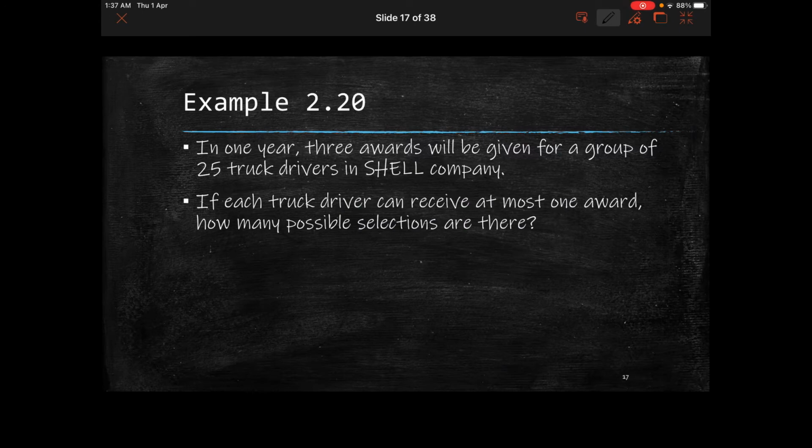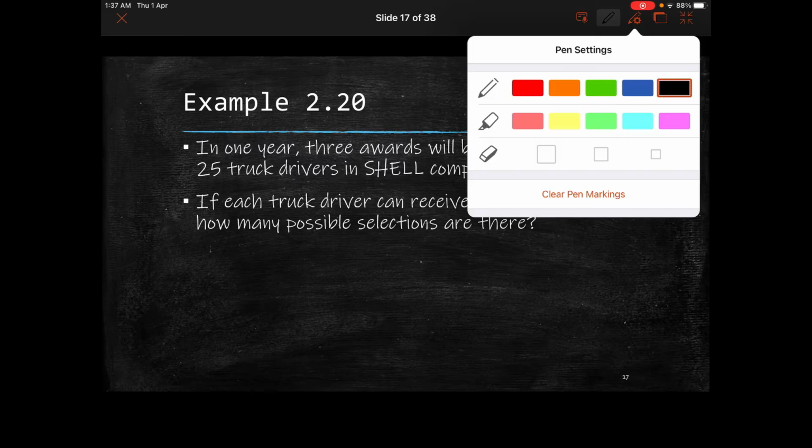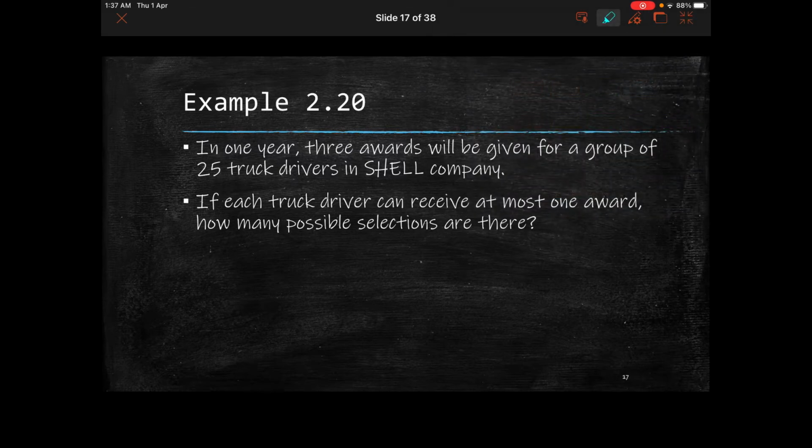If each truck driver can receive at most 1 award, how many possible selections are there? Using the same formula, nPr, in this case n equals 25 and r equals 3.